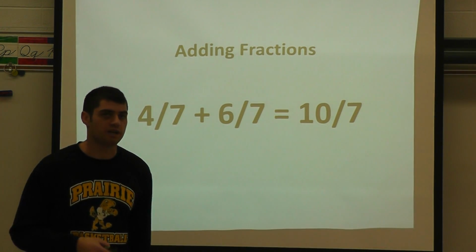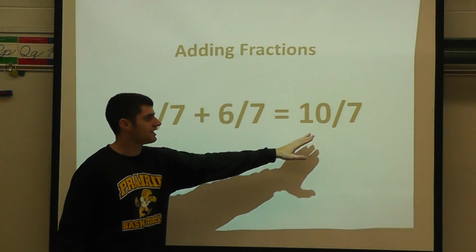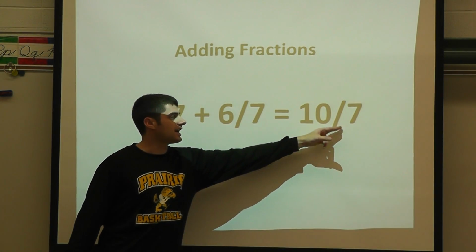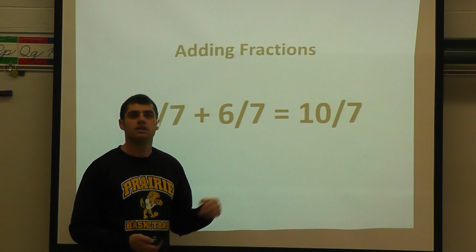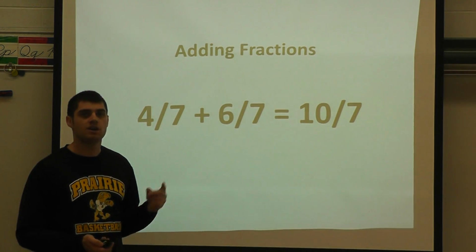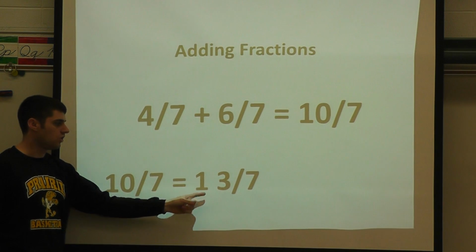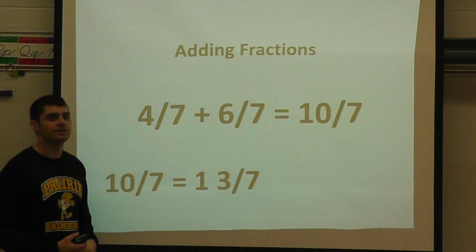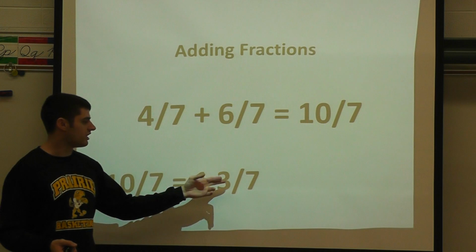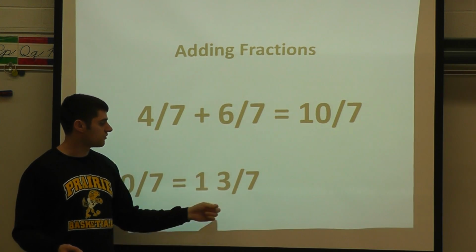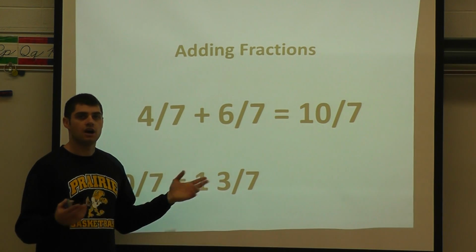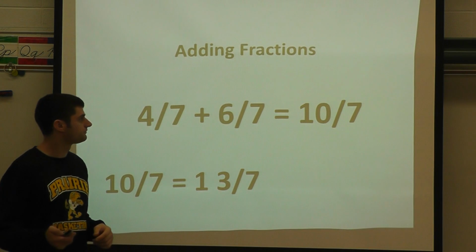I must turn it into a mixed number. So I say to myself, how many times will 7 go into 10? 7 will go into 10 one time. There's 3 left over. So 10/7 becomes 1 whole and 3 over 7 left over. I know that my answer is in simplest terms because 3 and 7 are in simplest terms.